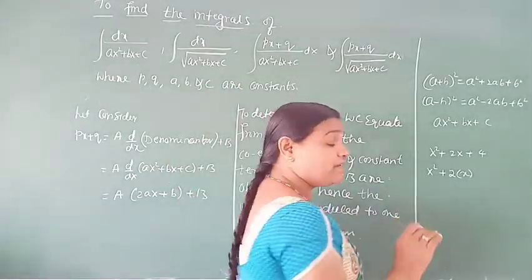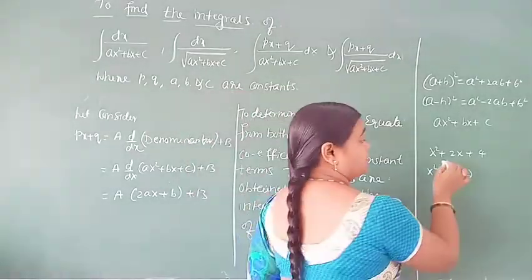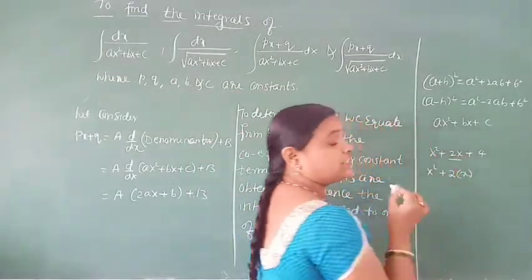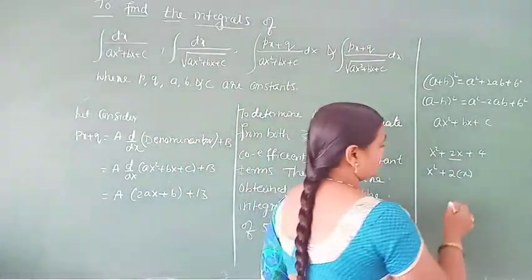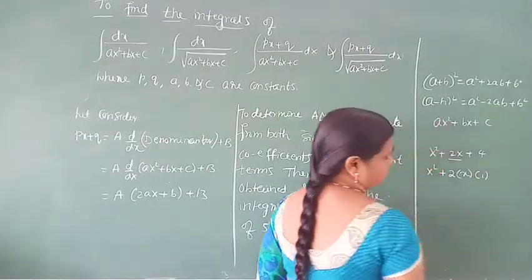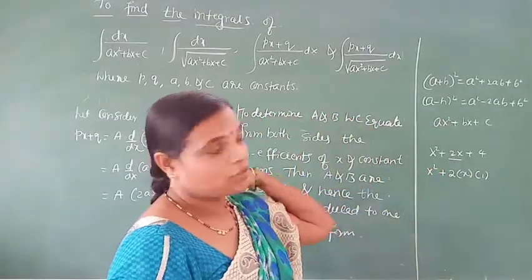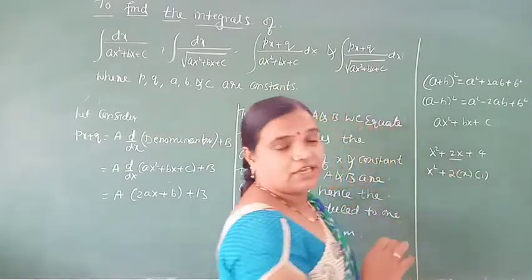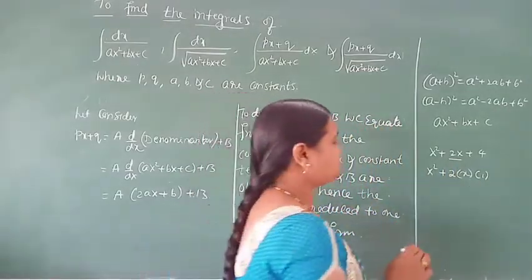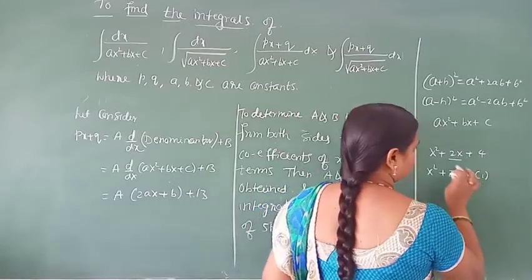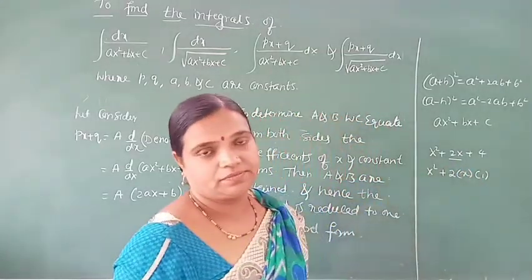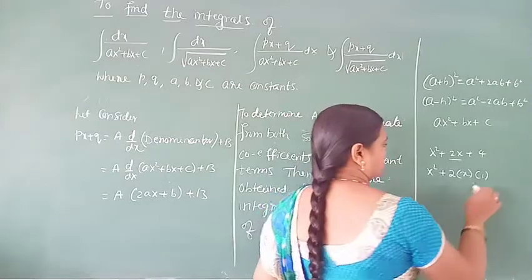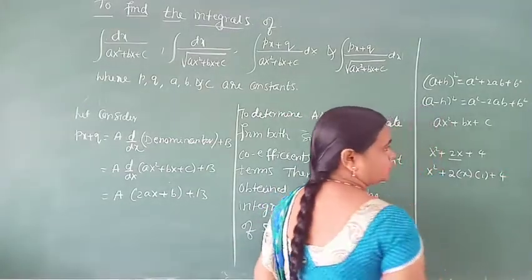Therefore, whatever is left in the middle term, we consider as b. Here what is left? 1, because in the middle only 2x is given. The middle term 2x is 2 into x into 1, which is 2x, plus 4.